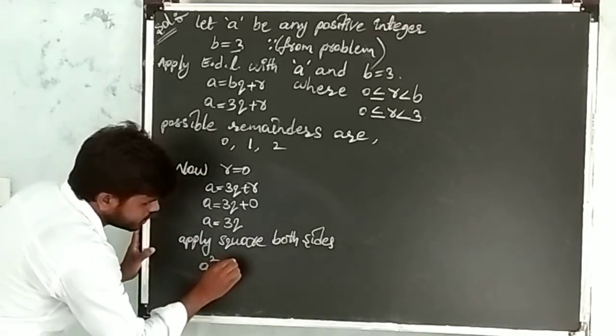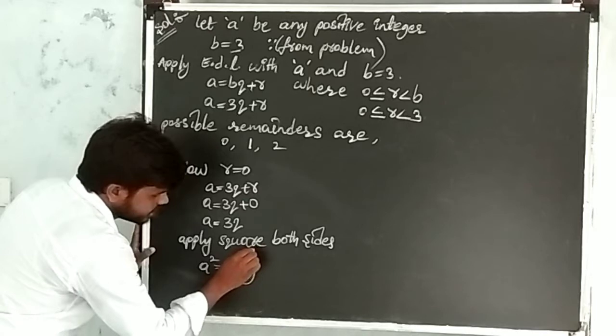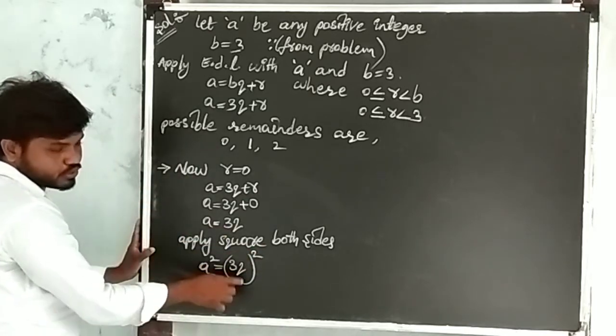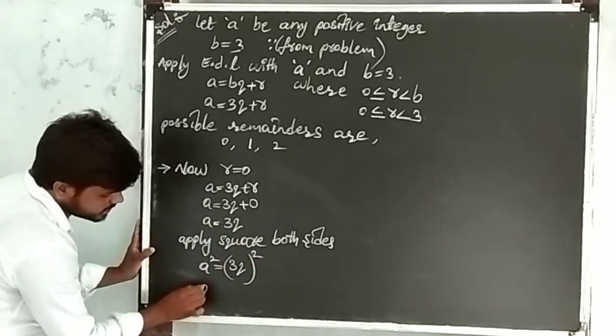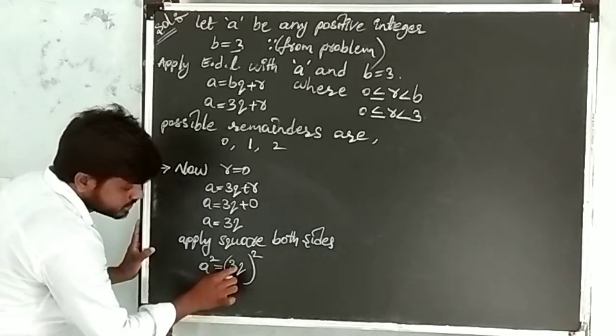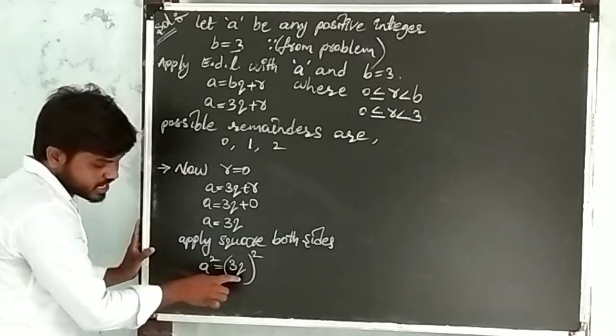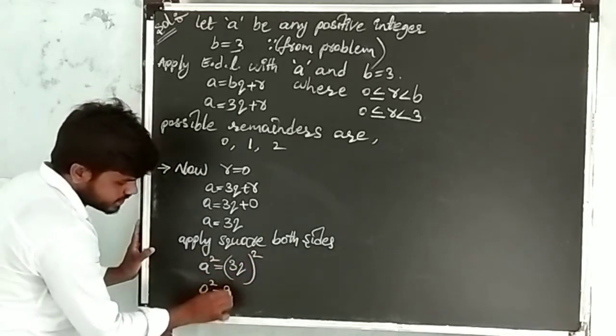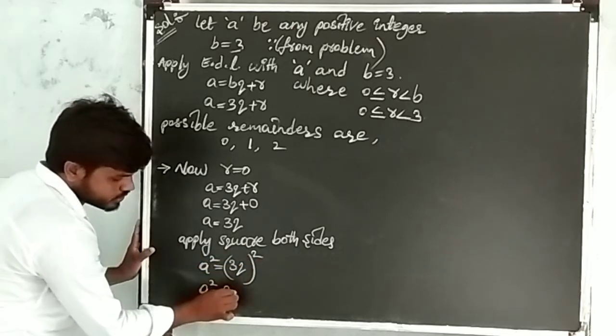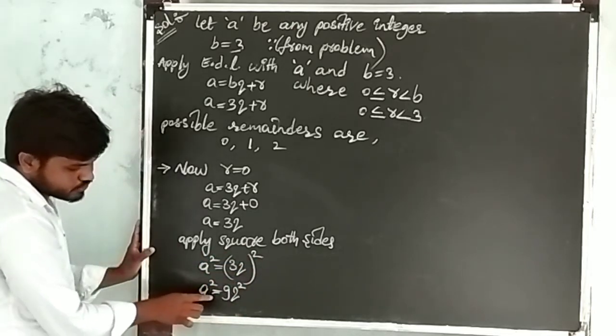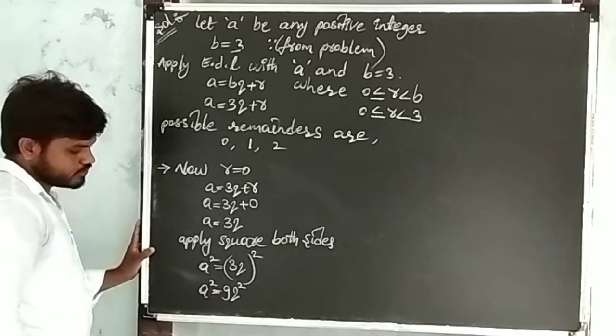A square equal to 3q whole square. The square applies to both 3 and q. 3 square is 9, so a square equals 9q square, which we got.